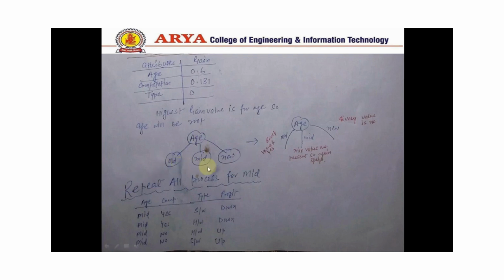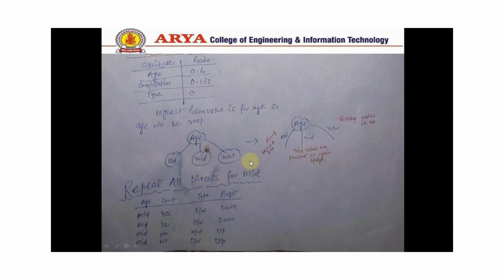Now we have further nodes, old, mid and new. Age is divided into three categories, as we have three types of attributes, old, mid and new. So there will be three child nodes. Now we repeat the same process for further splitting. Here we have to calculate the information gains again, as we have to find which node will be split further. So repeat all the process for mid.